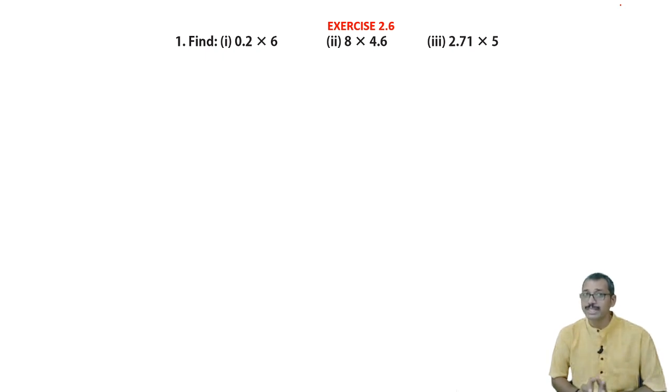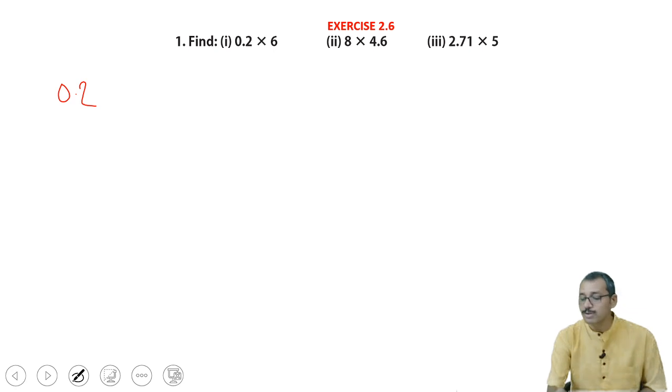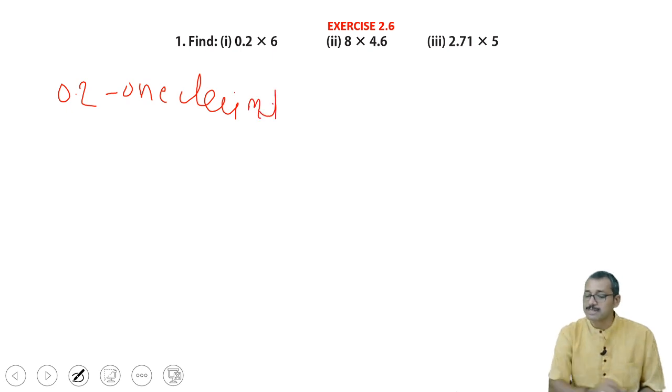One thing you must understand is that you have to find how many decimal places there are in the number. In 0.2, we can say 1 decimal place is there.